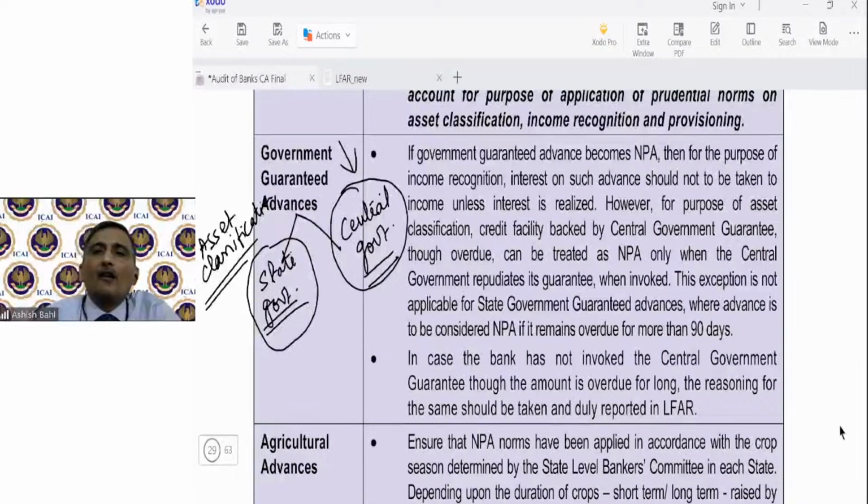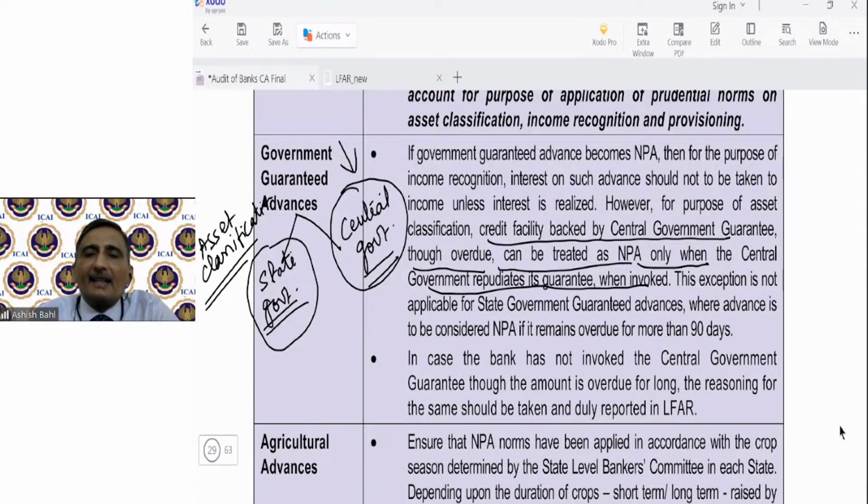So for the purpose of classification, a credit facility backed by a central government guarantee, though overdue, can be treated as NPA only when the government repudiates its guarantee. So when the central government cancels its guarantee, only then it becomes NPA.